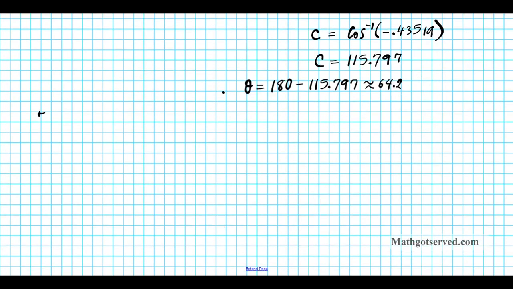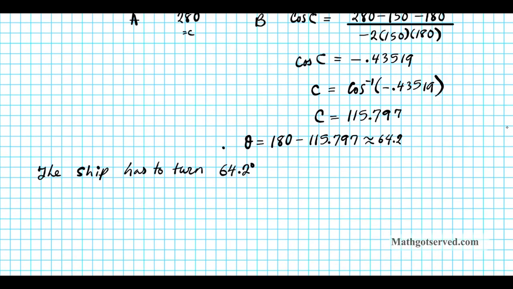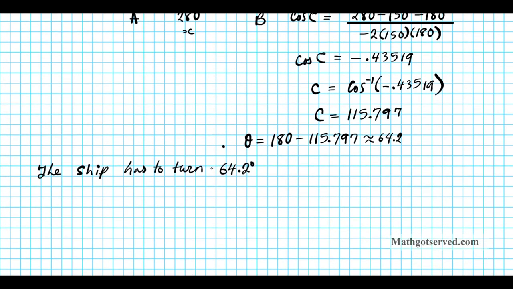It means that the ship has to turn 64.2 degrees, actually technically should be negative 64.2 degrees, but 64.2 degrees to the right in order to be back on course, okay, to the original destination of B, to be back on course.